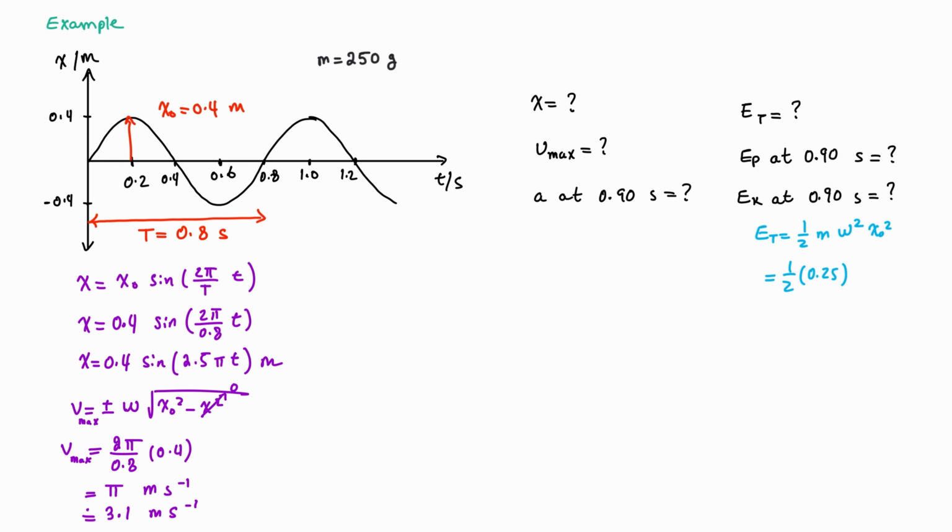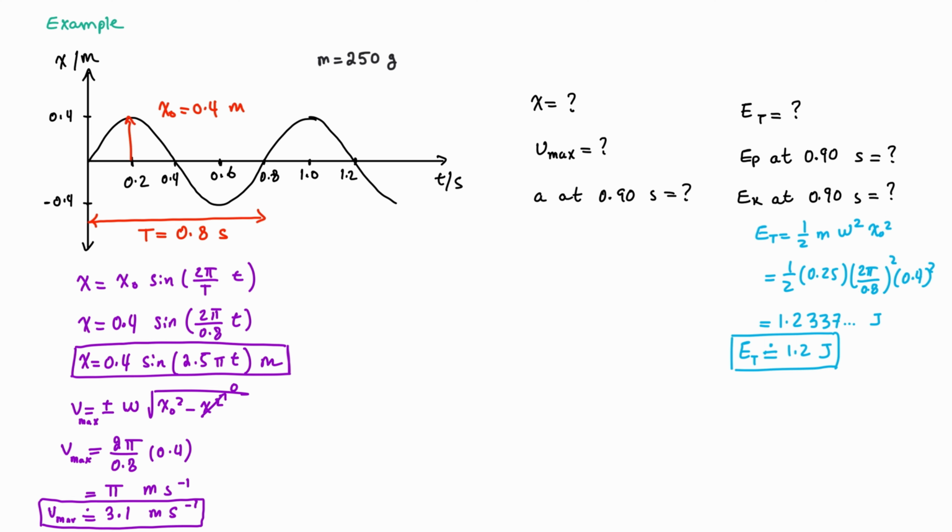You have to make sure the mass is changed to fundamental units. We've got omega squared, which is 2 pi over 0.8 squared, and the amplitude is 0.4 squared. Plugging all those into a calculator, I get 1.2337 joules, which to 2 significant digits is approximately 1.2 joules.